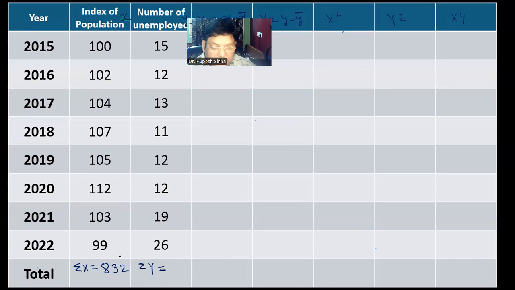We will get 120. There are 8 values. In order to get x bar, x bar equals what?